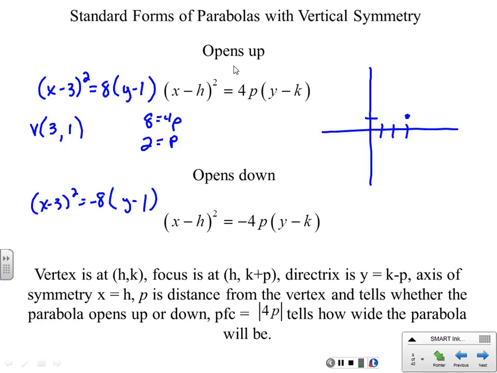So if I know that this parabola is going to open up, I'm going to go 2 up, and there's my focus. So my focus is going to be 3, 2. How did I do that? I found P. P is the distance from your vertex to your focus and your vertex and your directrix.